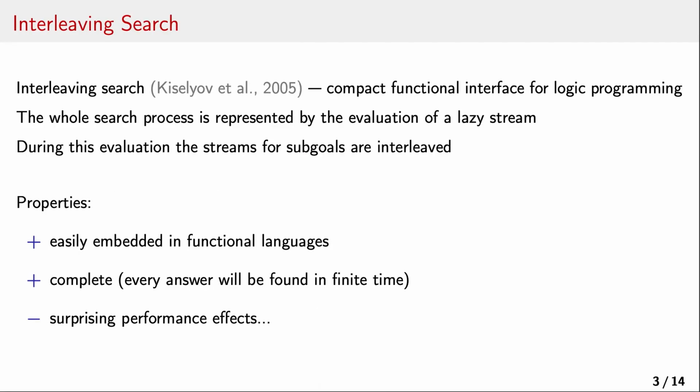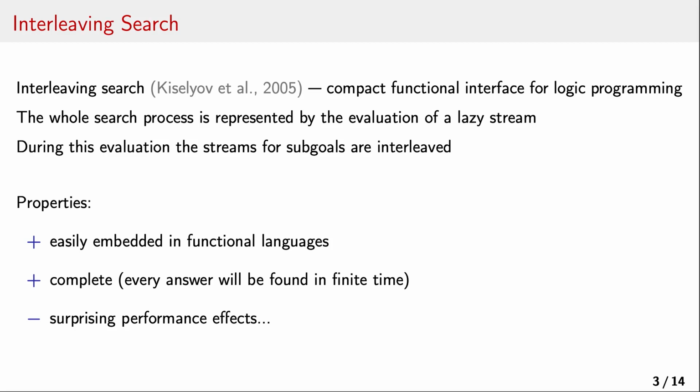This search strategy is called interleaving search. It was introduced in the early 2000s as a compact monadic interface to capture search in logic programming. It represents the whole search process as the evaluation of a lazy stream.